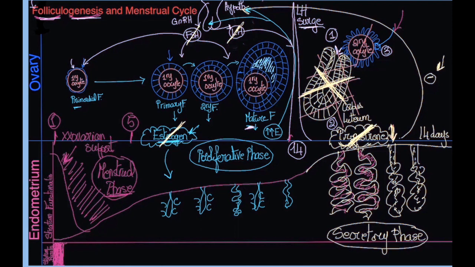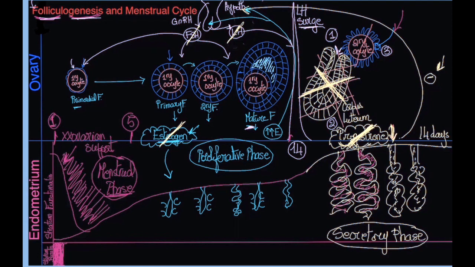Drop in the progesterone level, you won't have any hormonal support to the stratum functionalis of the endometrium, and this will result in shedding of the endometrium. This is what we're going to call the menstrual phase. And you see on here, this takes place from day 1 to day 5.